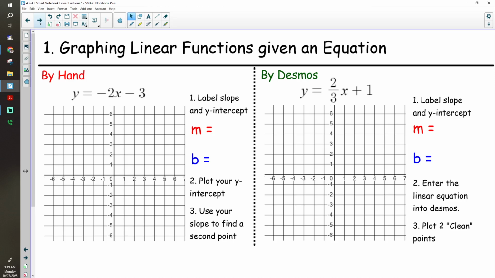The first thing we're going to do is write down what is m, what is b. So looking at this, which is y equals mx plus b, what is the m value? It's negative 2. My b value is negative 3. Write down negative 3 for b.